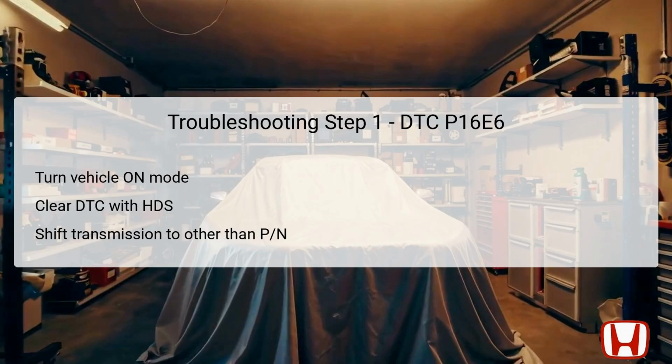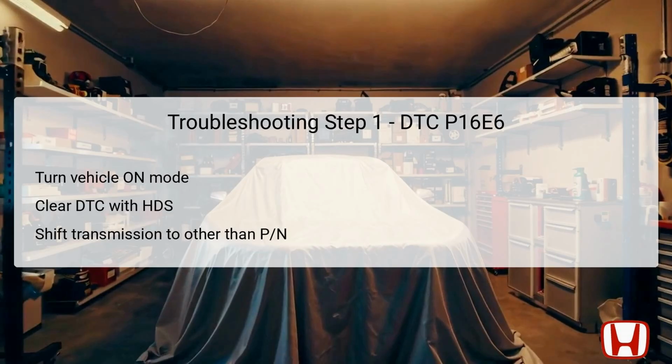After clearing the DTC, shift the transmission to a position other than park, P, or neutral, N, and wait for approximately 5 seconds. This waiting period allows the system to reassess and potentially identify if the error code reoccurs, indicating a persistent issue.